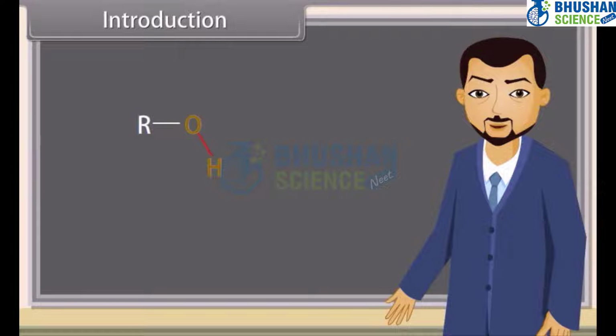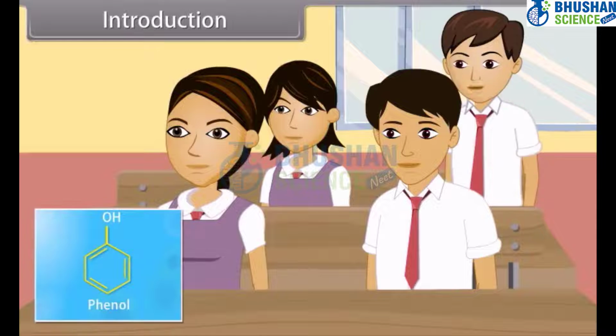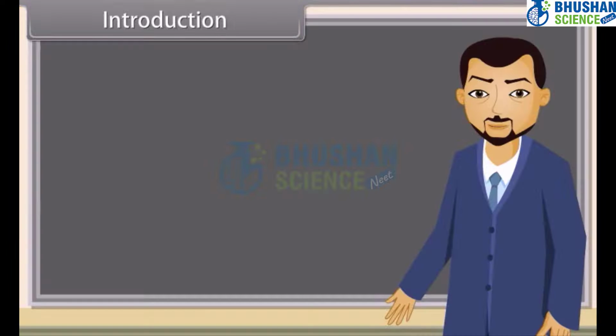The hydroxyl group is a functional group consisting of a hydrogen atom covalently bonded to an oxygen atom. Now, can anybody tell me what is phenol? Yes, teacher. Phenol is an organic compound where one hydrogen attached to a benzene ring is replaced by a hydroxyl group. Very good, Sunil. In this lesson, we will learn about alcohols, phenols and ethers.